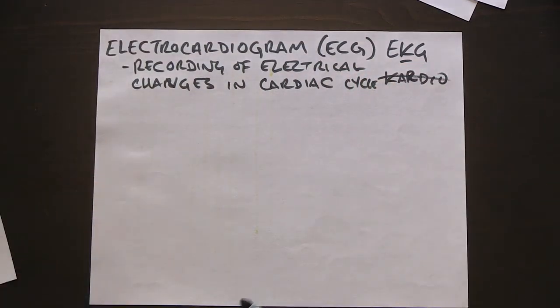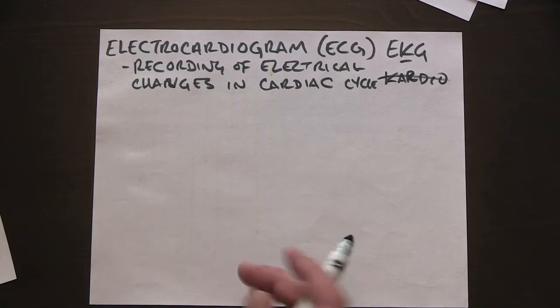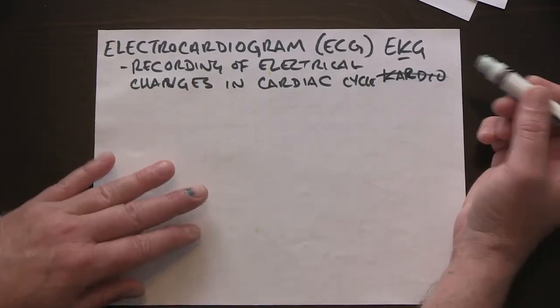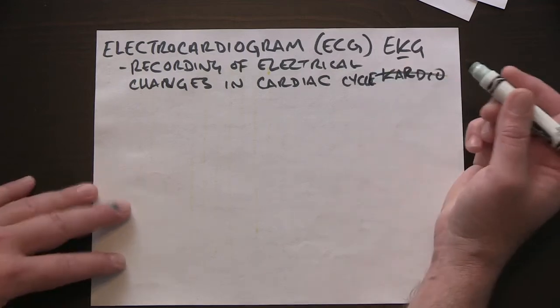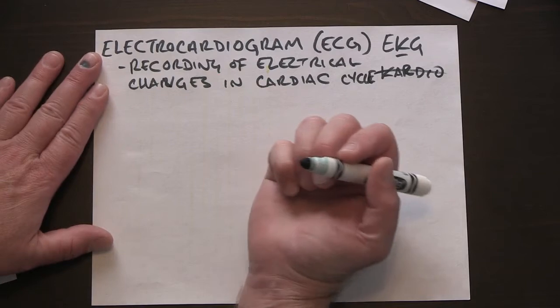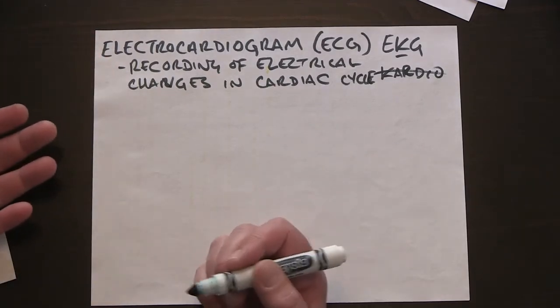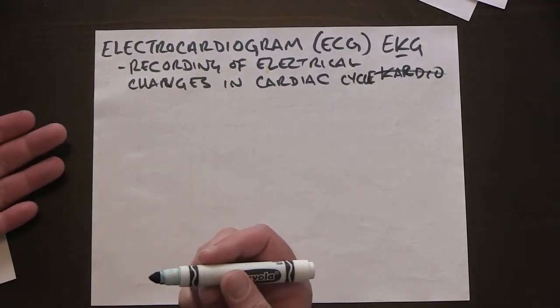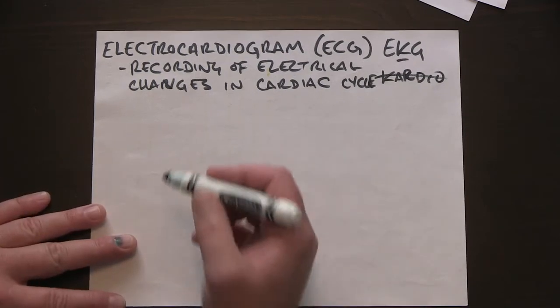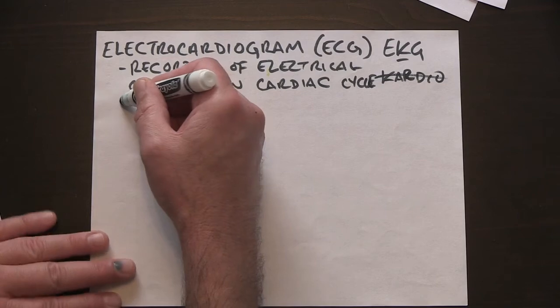And so you can use an ECG to figure out, or maybe you and I may not be able to, but people are able to. It sounds very complicated, but you can use these readings to figure out what part of the heart is not behaving or contracting properly.